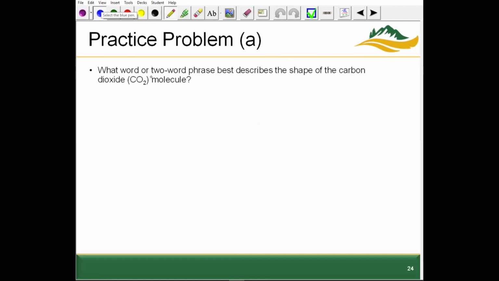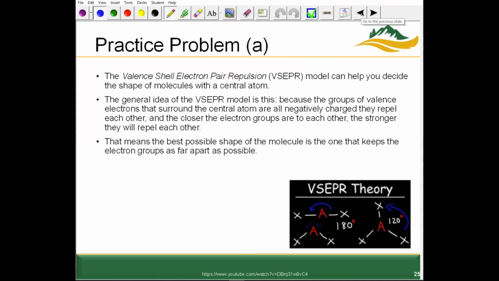Let's try this practice problem for carbon dioxide. What's the very first thing we should do? Well, let's draw the Lewis dot structure. Before we draw the Lewis dot structure, here's just another blurb that we've heard now on VSEPR. So as mentioned, VSEPR helps us decide the shapes of molecules with a central atom.